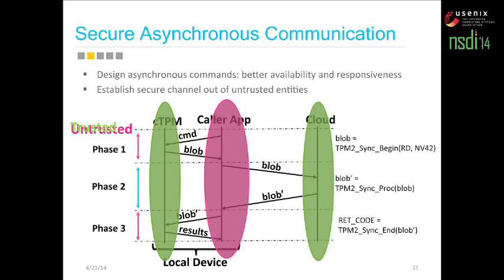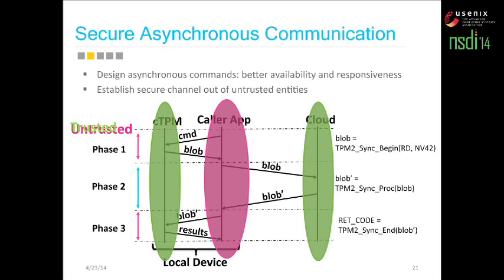One observation of this synchronization process is that in phase 1 and phase 3, whose latency is usually short, cTPM will be blocked and commands from other caller applications will not be handled. However, in phase 2, whose latency is dominated by network latency and potentially could be very long, cTPM can continue to handle commands from other caller applications.